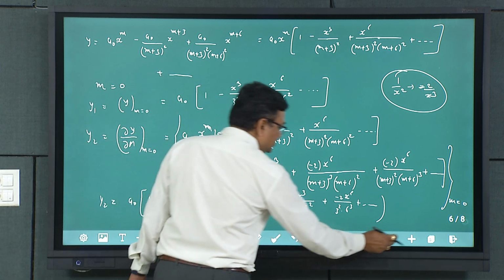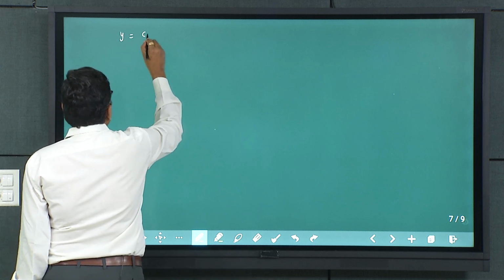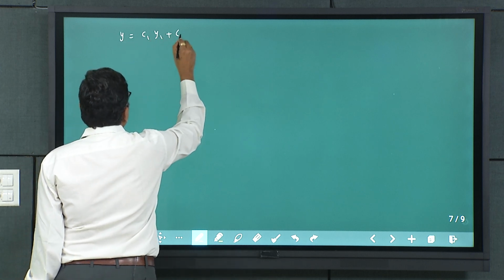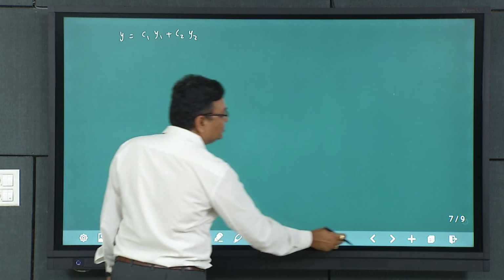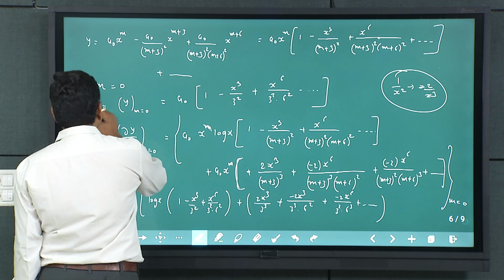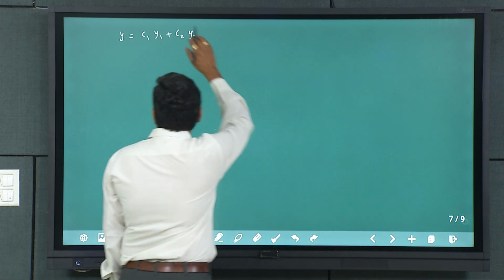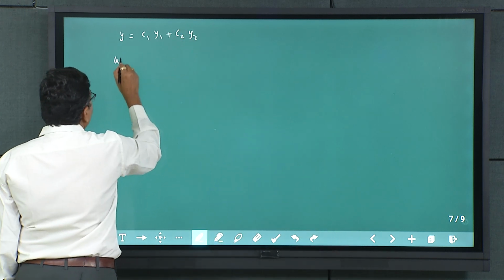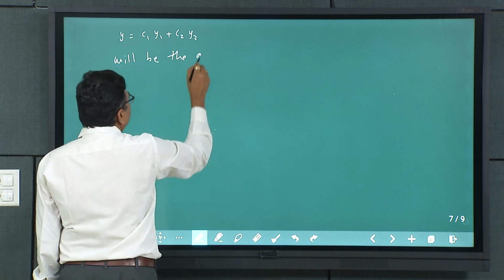So my general solution is y is equal to c 1 y 1 plus c 2 y 2. You can write the y 1 and y 2 from these things. So this is my y 1, this is my y 2, put in this, that will be the general solution.